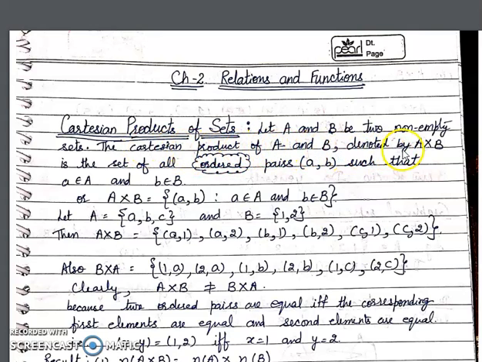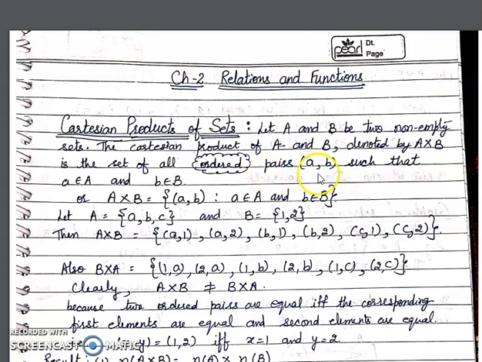B, denoted by A cross B, is the set of all ordered pairs. Ordered pair means it is fixed in the order which element is at the first place and which element is at the second place, and these two elements are written inside small brackets.